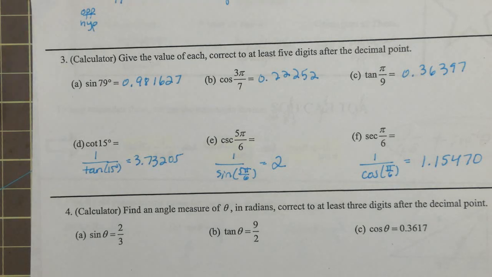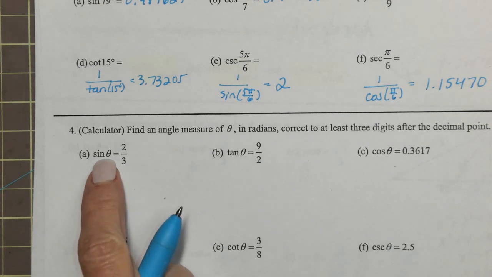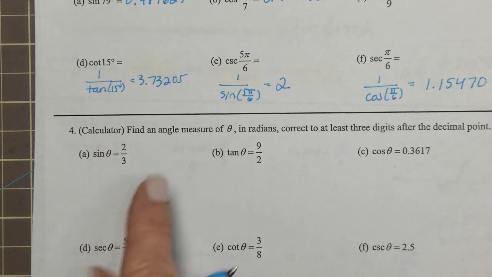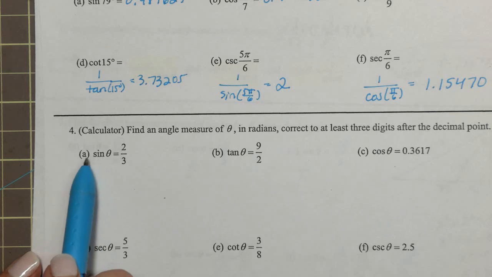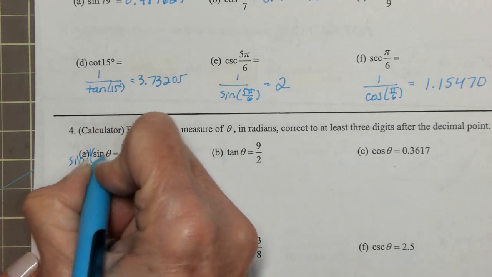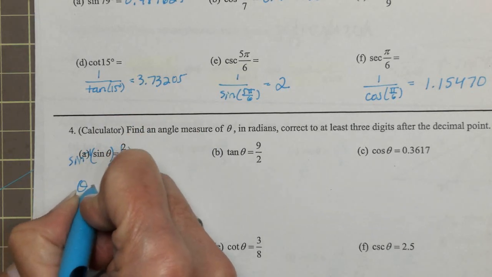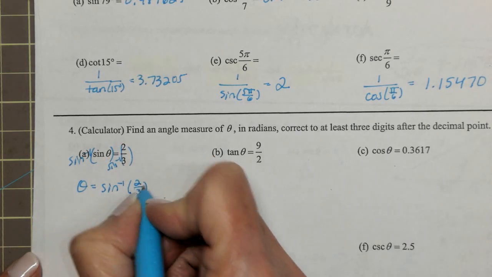Okay, what if I know the value of sine and I want the angle? I want an angle whose sine is 2 over 3. This is where we need to use sine inverse. Think of it as, to get rid of sine, we sine inverse both sides. So theta will be sine inverse of 2/3.